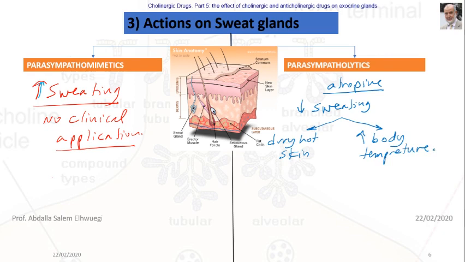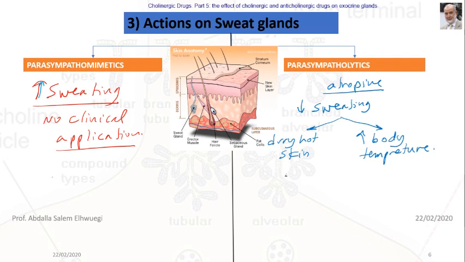Okay, therefore atropine-like drugs, by inhibiting sweating, will prevent evaporation of the sweat over the skin. Therefore the skin will become very dry and hot, and as well body temperature will be increased.